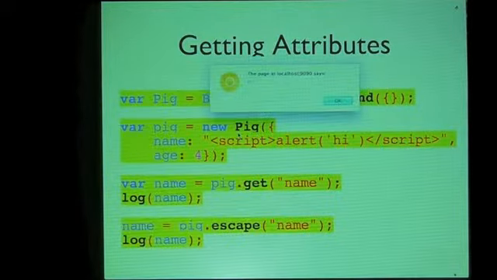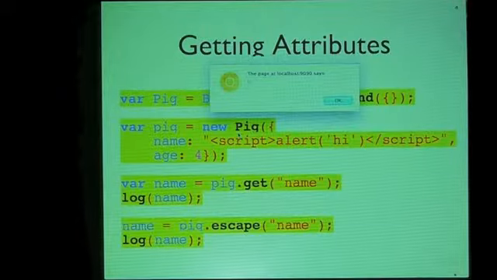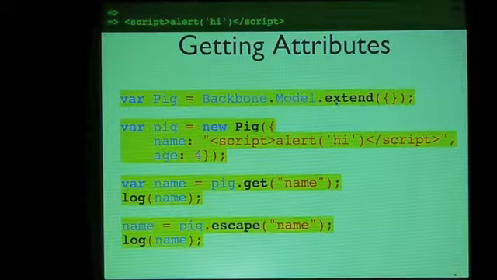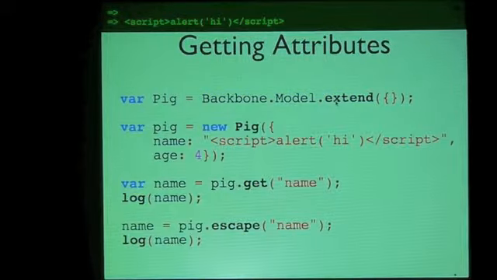So I run this code. The first one says hi because I just ran a get on it, and obviously the script tag got by that. After that, the next log call was escaped, so it didn't execute.